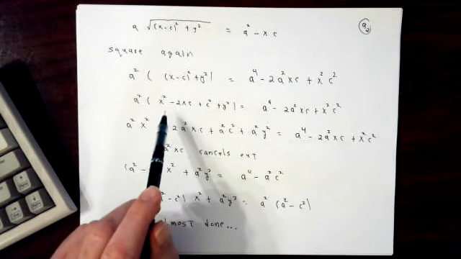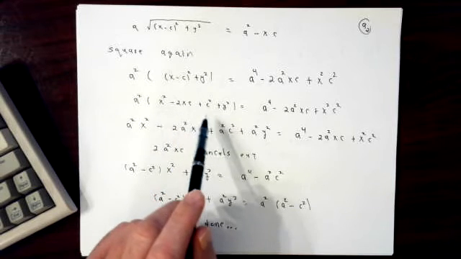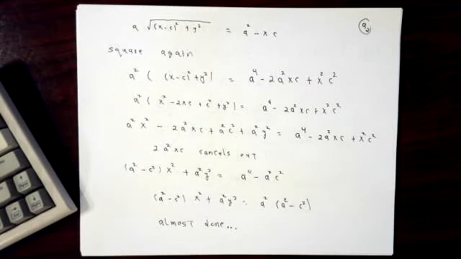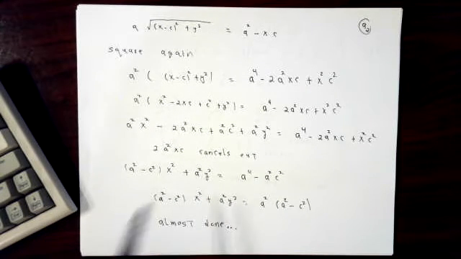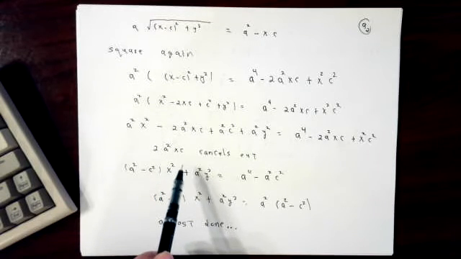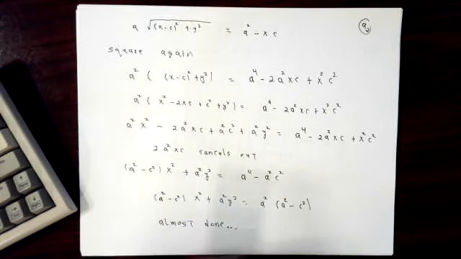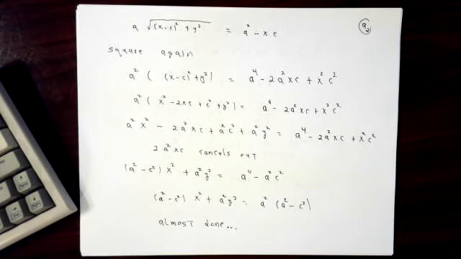Expand out the x minus c squared, x squared minus 2xc plus c squared, and don't forget the y squared. Distribute the a squared through. Another miracle happens. 2 times a squared xc shows up here being subtracted away, and it shows up here being subtracted away as well.